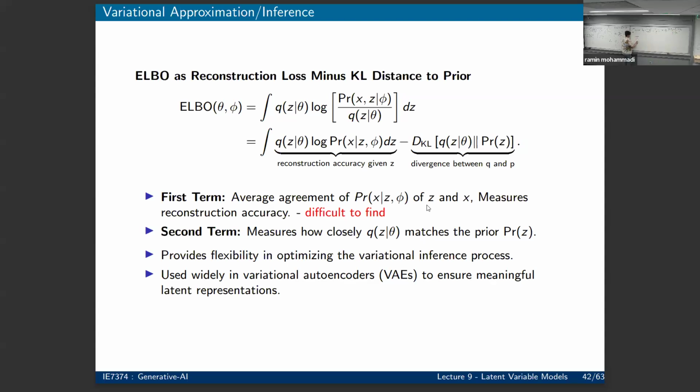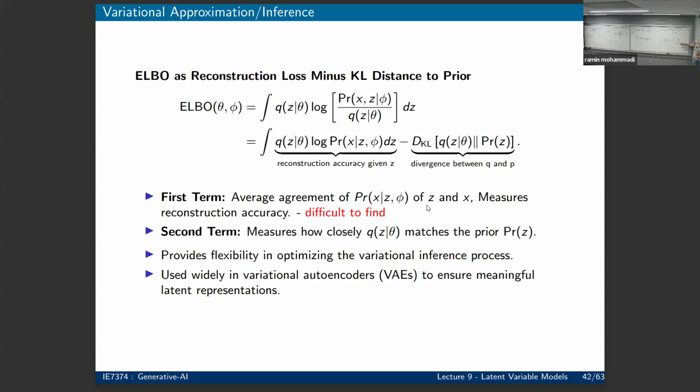So you have the expectation under Q of Z given X of log P of X given Z, minus the expectation under Q of Z given X of log Q of Z given X over P of Z. So this is again a KL divergence, but this term is a KL divergence between Q, which we estimate as a posterior, and the prior.